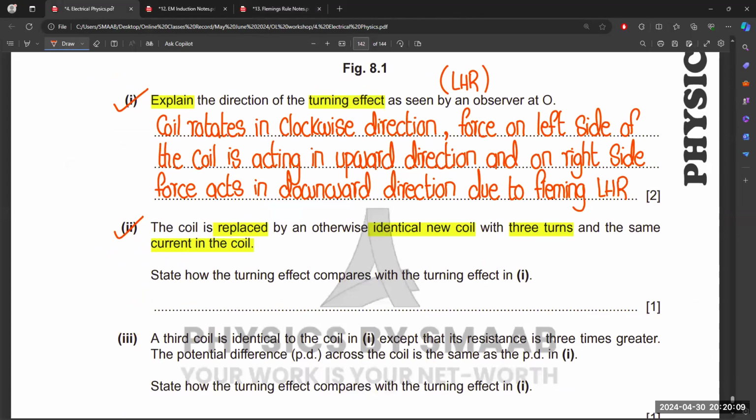So definitely there will be a greater turning effect.